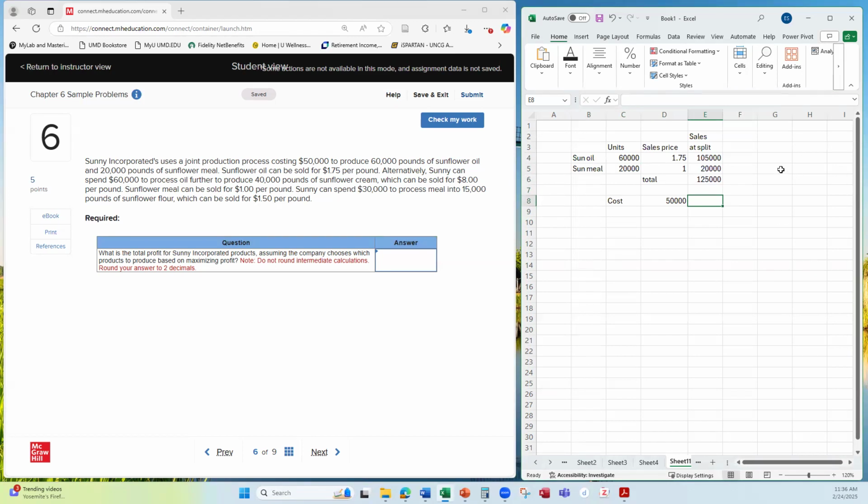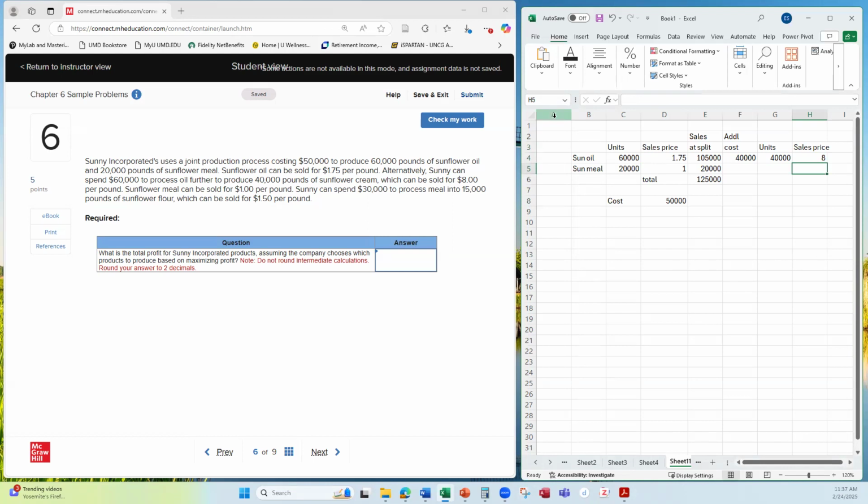Now, if we were to split off further here, we would have additional cost. And we can process the oil further to produce 40,000 pounds of sunflower cream. So that would be new units of 40,000 and a sales price of $8 per pound.